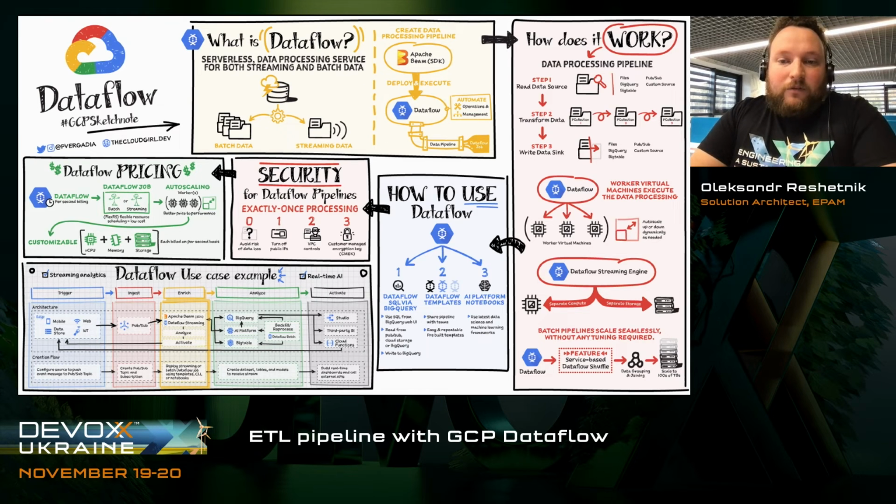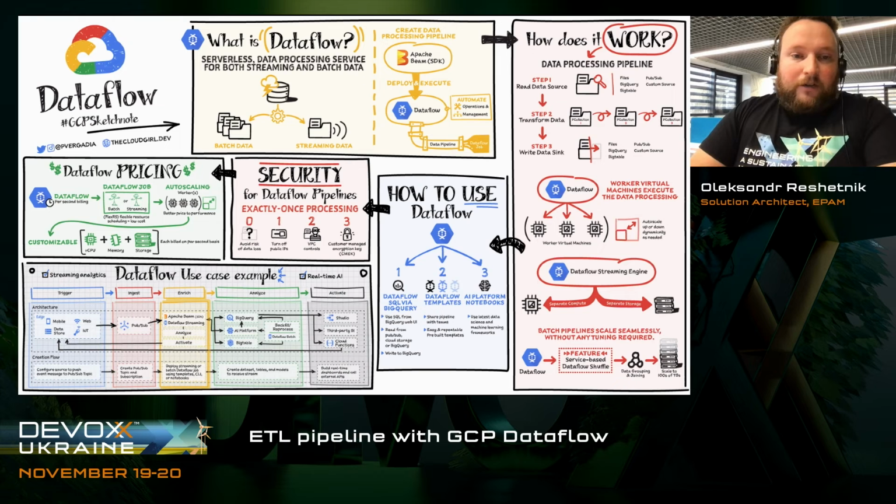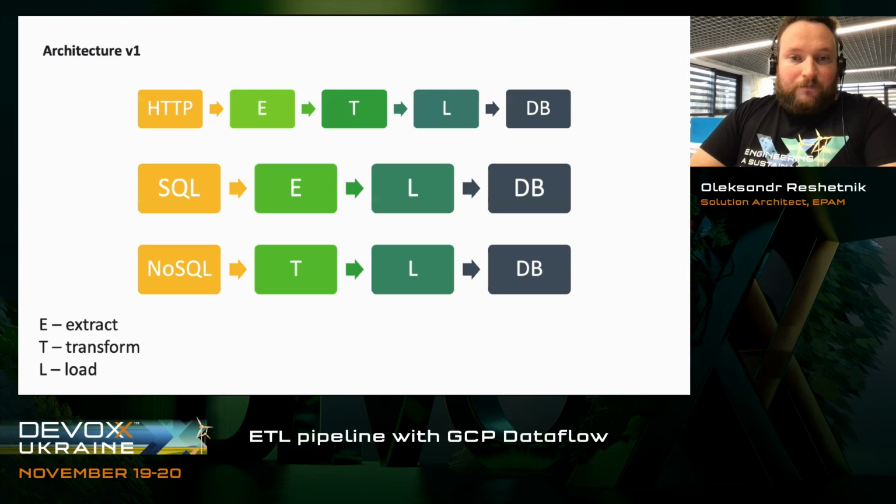It depends on your task and requirements how you will use Dataflow. And for our case, Dataflow was an excellent choice. And let's get back to my story and review the final solution that we got.